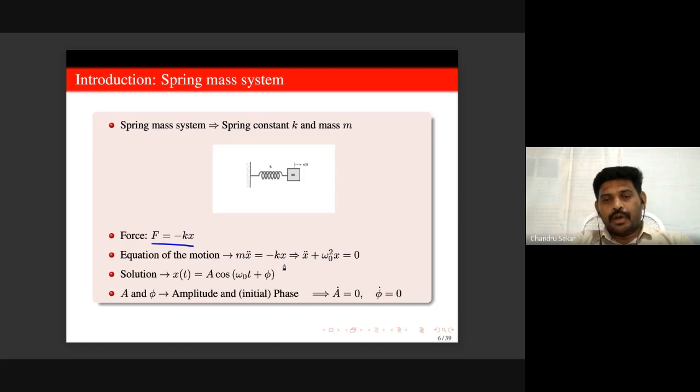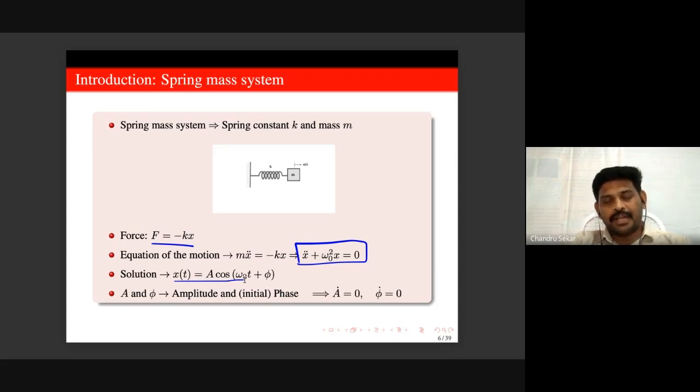If you solve this second order linear equation, we get the general solution of this form with two arbitrary constants, or integration constants, a and phi. We call them amplitude and phase.